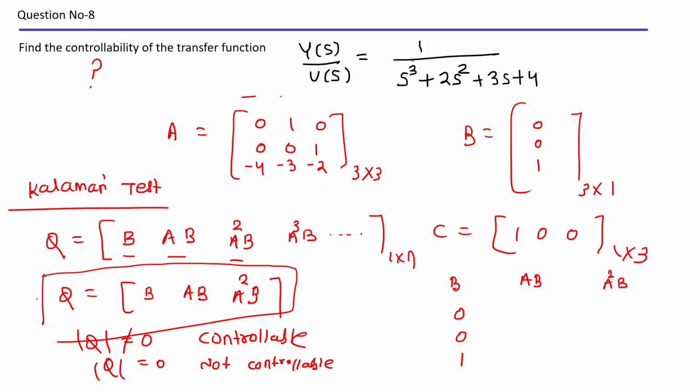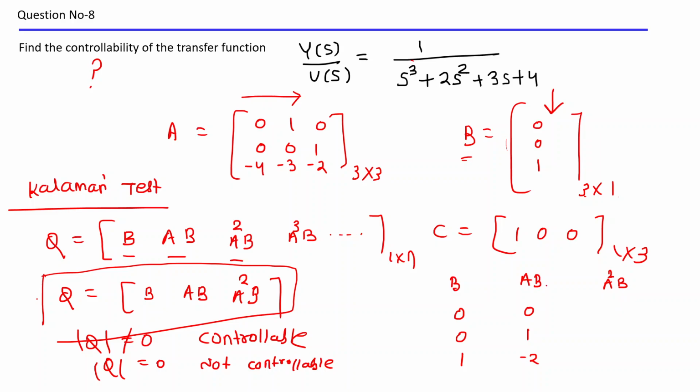AB means you have to multiply A and B. This is 3 cross 3, multiplied with a 3 cross 1, so we get a 3 cross 1 matrix, a column matrix like the B matrix. Let's say the answer is 0, 1, minus 2.